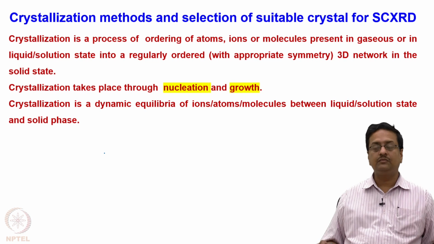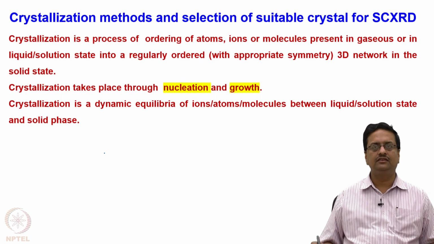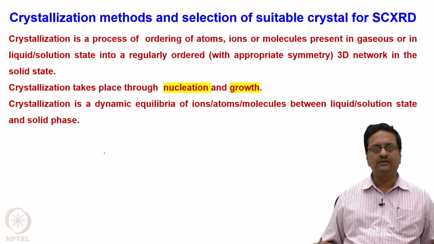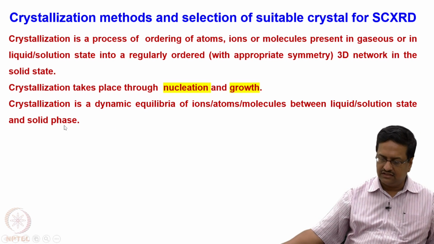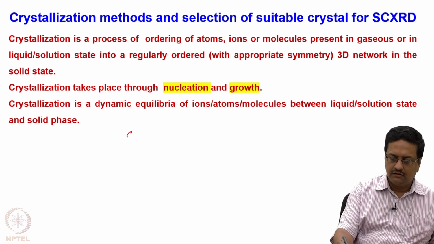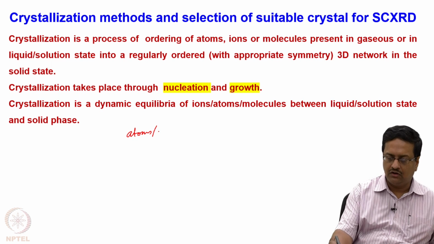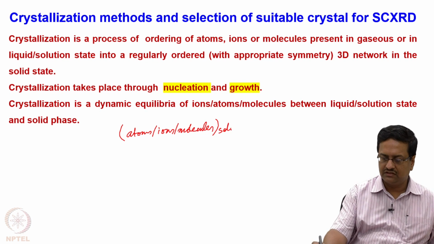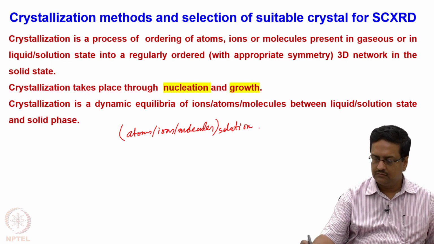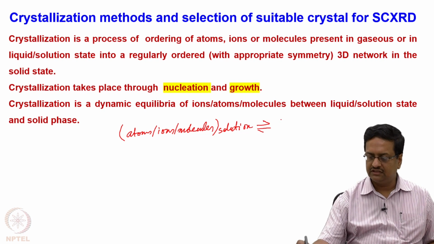Crystallization is a dynamic equilibrium of ions, atoms and molecules between a liquid or a solution state and a solid phase. So, what we have is a set of atoms or ions or molecules in solution and is in equilibrium with the same in solid state.